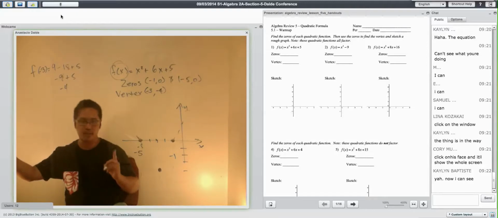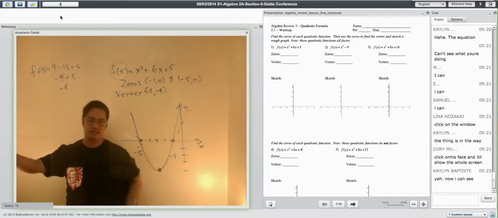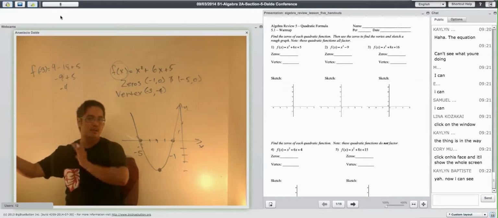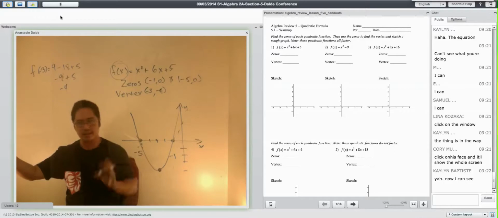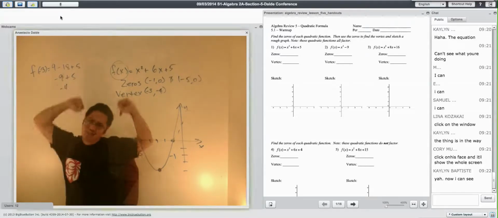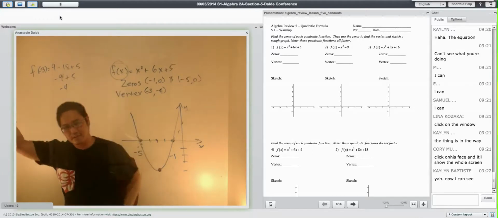I have a parabola and it has to cross through these 3 points. The only parabola that can cross through those 3 points probably looks something like that. Now that is how you can graph a parabola without using a graphing calculator. I think that's pretty awesome, because everything is awesome. Alright, I'm done.